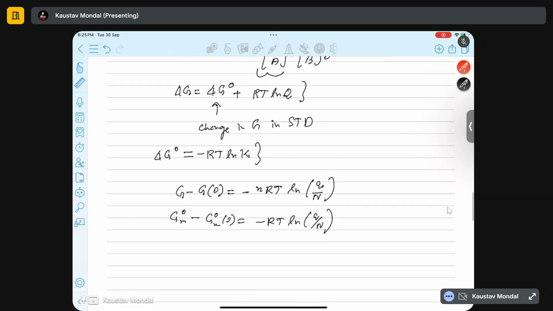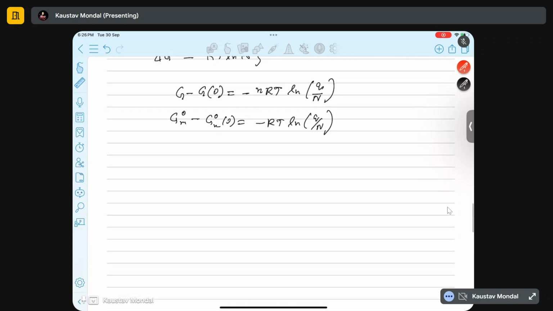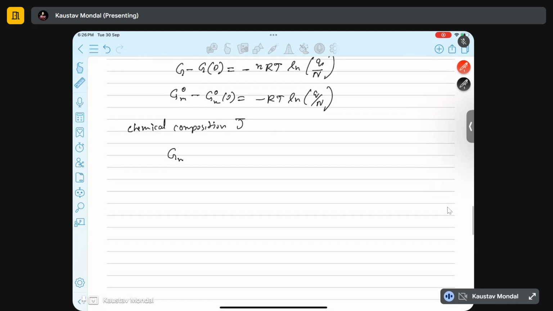Now for a chemical species J, we can write the molar Gibbs free energy Gm,J minus Gm,J at absolute zero equal to minus RT ln Qj by N, right?